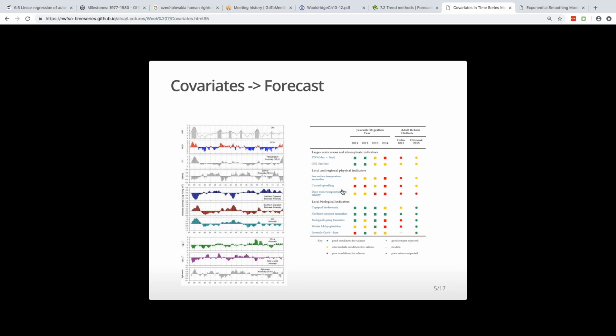And autocorrelation in your observation errors can be really problematic.